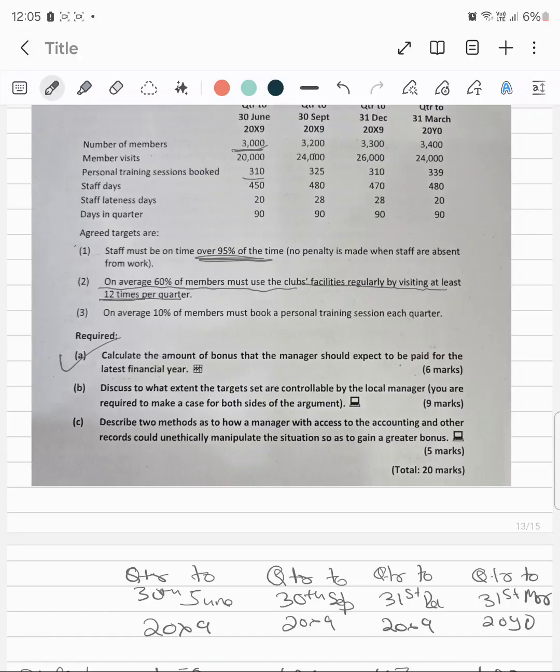So the unethical manager could record visits in a different period than was actual. For example, this is year end, right? My target has already been achieved. I know that for last quarter I have already achieved my target. My next year is going to start, and in quarter one I'll have to achieve the target.